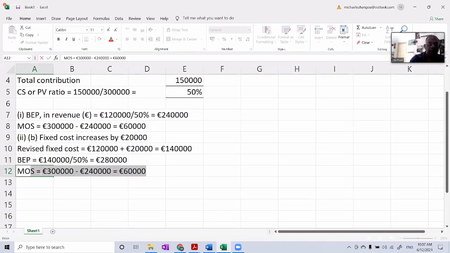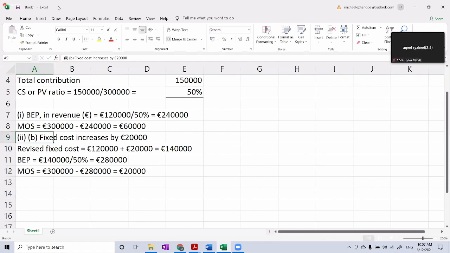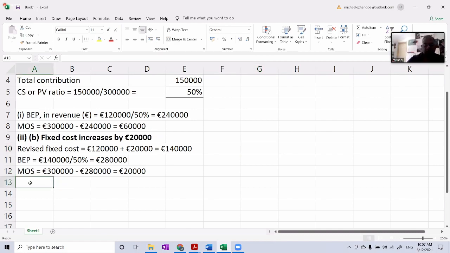And your margin of safety now becomes 300,000 minus 280,000. The margin of safety is only 20,000. And now, that's A actually, sorry. Next is B.